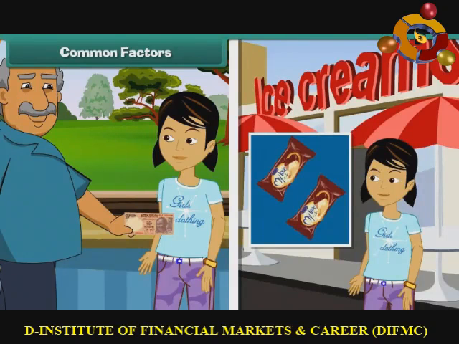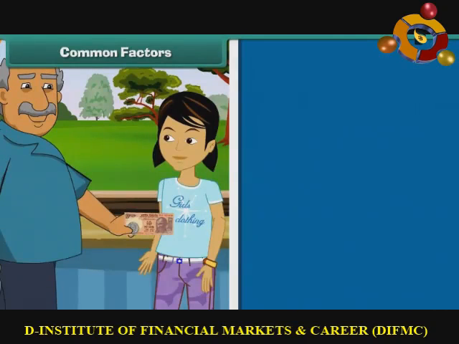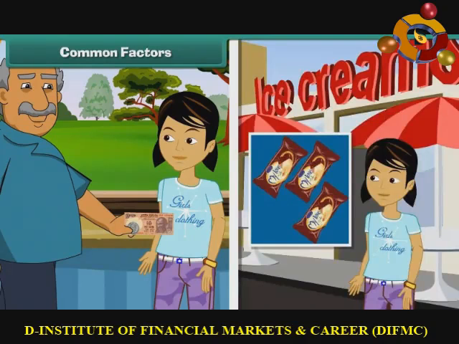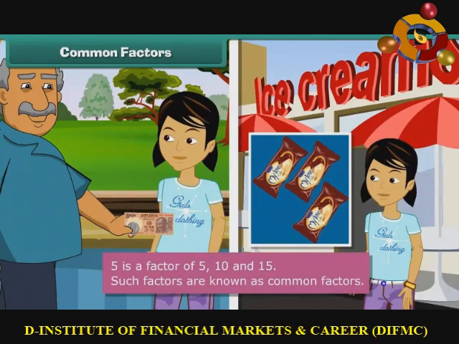We can express it as 2 multiplied by 5 is equal to 10. Next week, he gives her 15 rupees. She decides to buy 3 orange bars. We can express it as 3 multiplied by 5 is equal to 15. It is clear that 5 is a factor of 5, 10 and 15. Such factors are known as common factors.